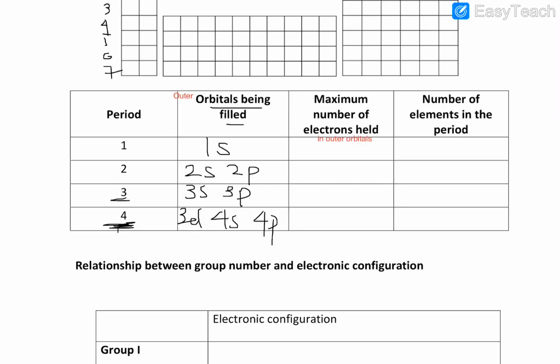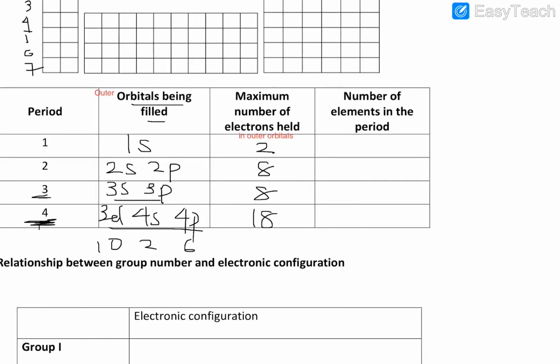Now the maximum number of electrons held in the outer orbitals: 1s will hold 2, here it will hold 8, here it will hold 8, and here it will hold 6 plus 2 plus 10, that makes 18. So remember in your IGCSE, when you were writing electronic configuration, you would say the first shell holds 2, second shell holds 8, third shell holds 8. So this is where it comes from.